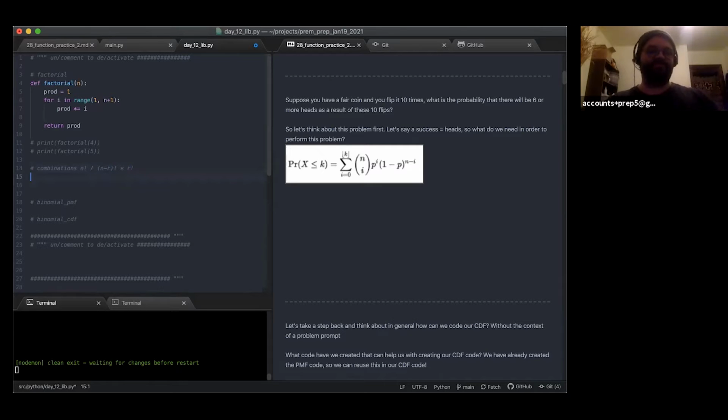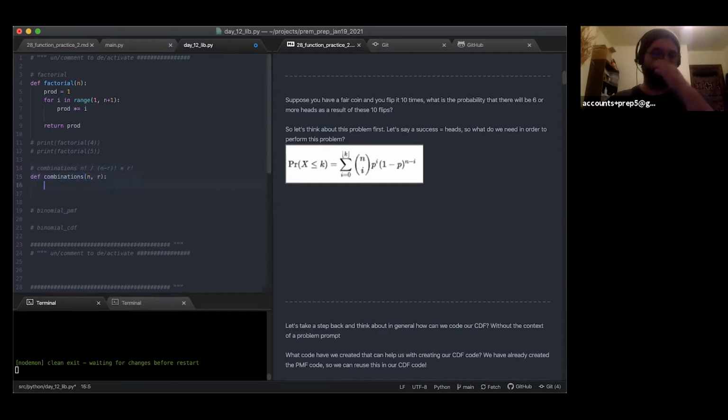All right, cool. So we'll say def combinations. Combinations will take in n and r. And we'll return factorial n over, and I'm going to use ample parentheses.